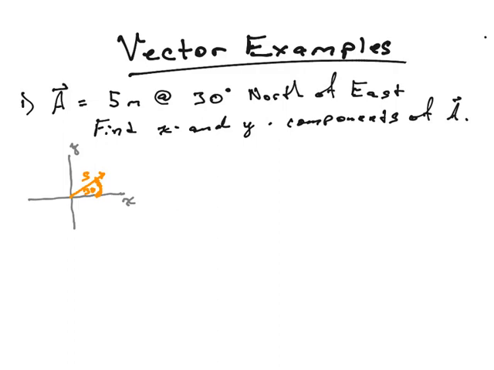And so that's how this particular vector is pointing. All right, so that's what the vector looks like. And what am I looking for? I want the x and y components. So I can make a little right triangle out of this vector. One side is the x side, and the vertical side is the y side.